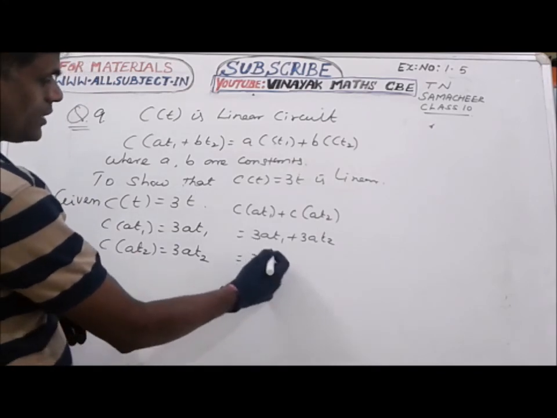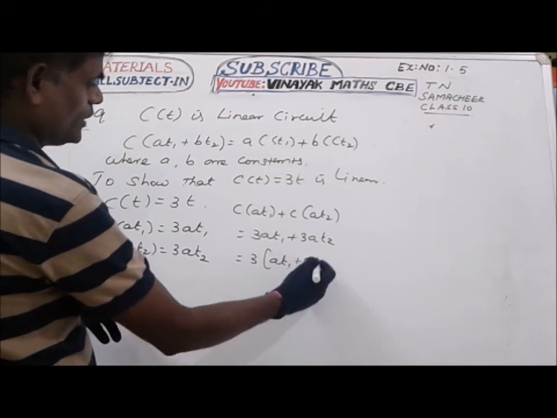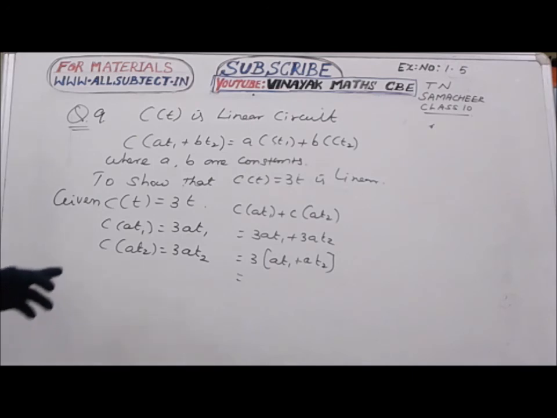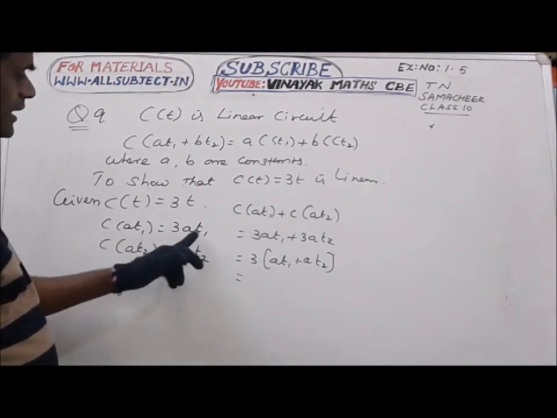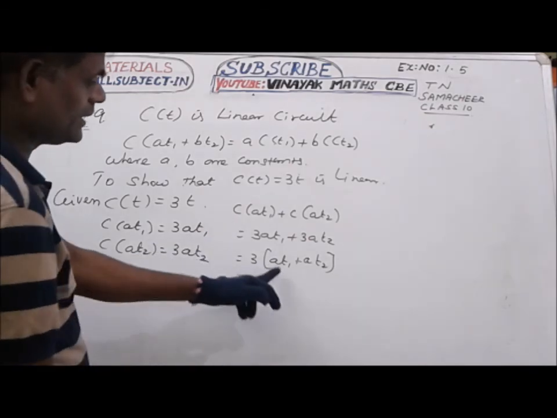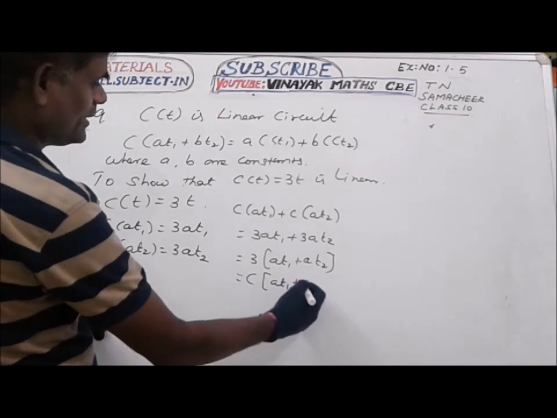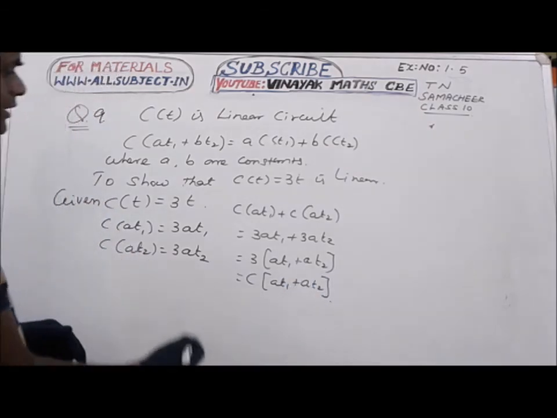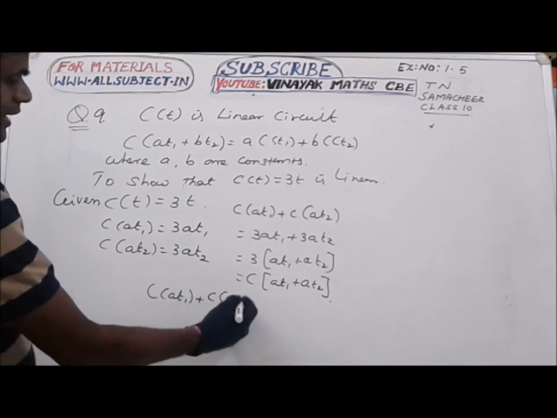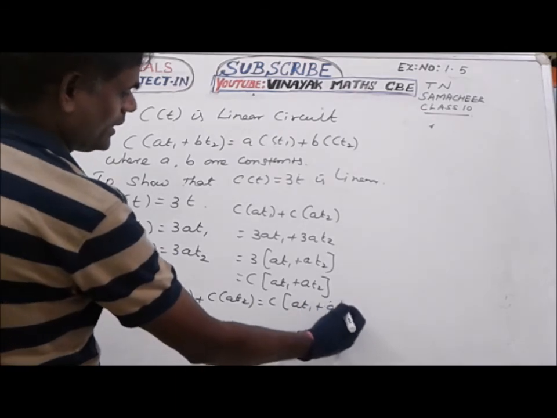Now 3 is taken out common, 3 into (at1 + at2). This means C of at1 means 3at1, C of at2 is 3 into at2. Now 3 into (at1 + at2) means C of (at1 + at2). Therefore we have proved C of at1 plus C of at2 equal to C of (at1 + at2).